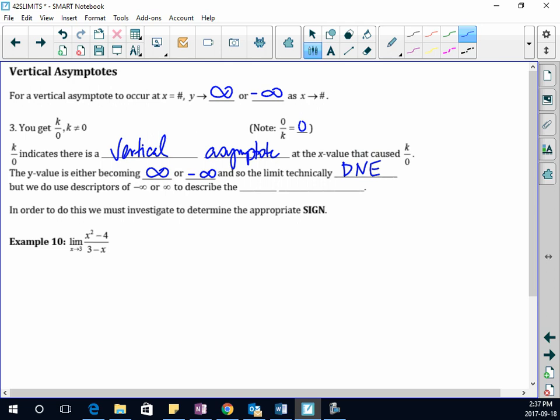So anyways, we try to be more descriptive than just does not exist. We try to add the descriptors. Is it negative infinity or positive infinity? So when we're graphing it, we know if it's going up or if it's going down. To describe the y values, I'll say up or down, right?